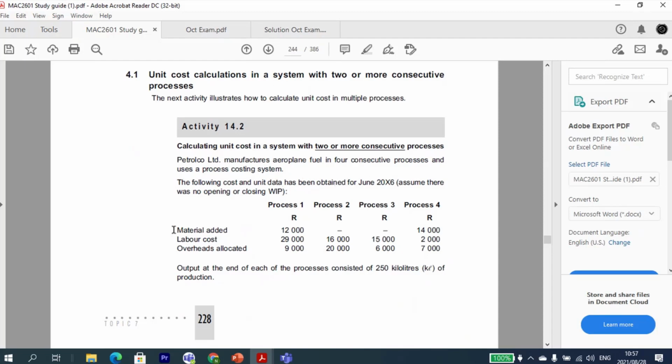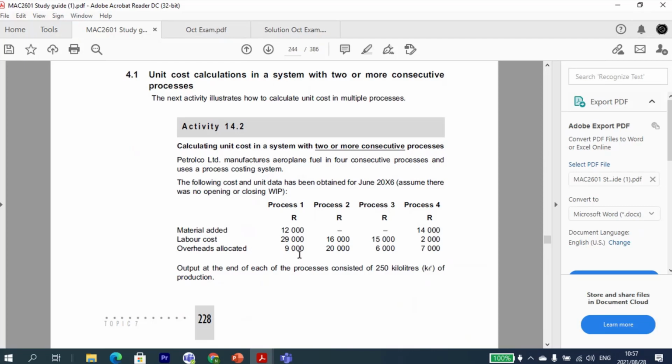So they give you material added, and as you can see, the material is added at the beginning of process 1. Process 1 skips 2, 3, and then you see in process 4. Okay? Labor is evenly throughout all the processes.